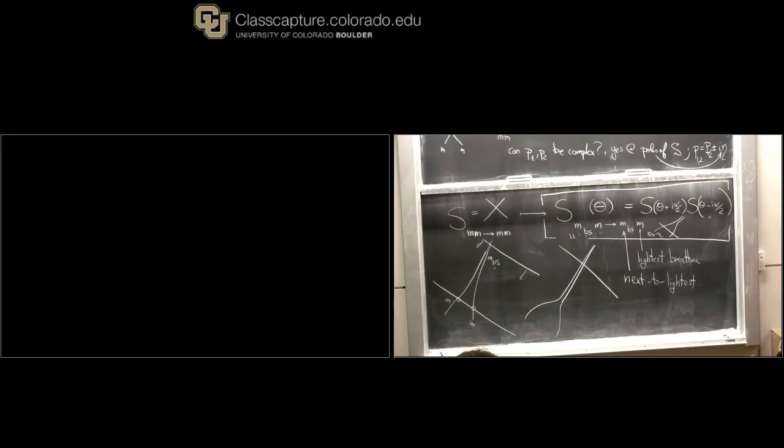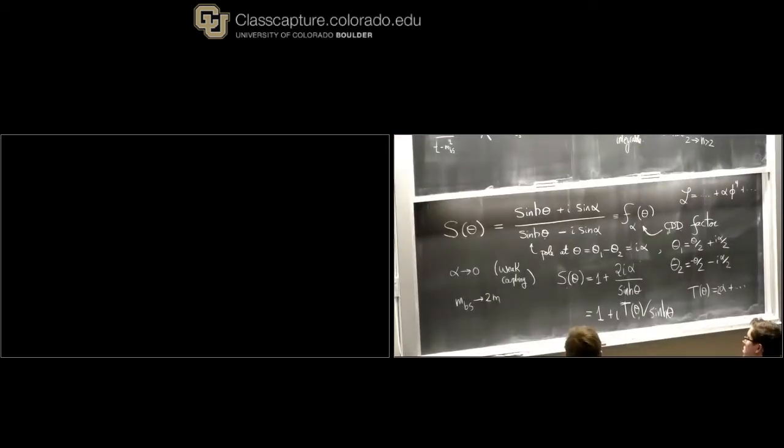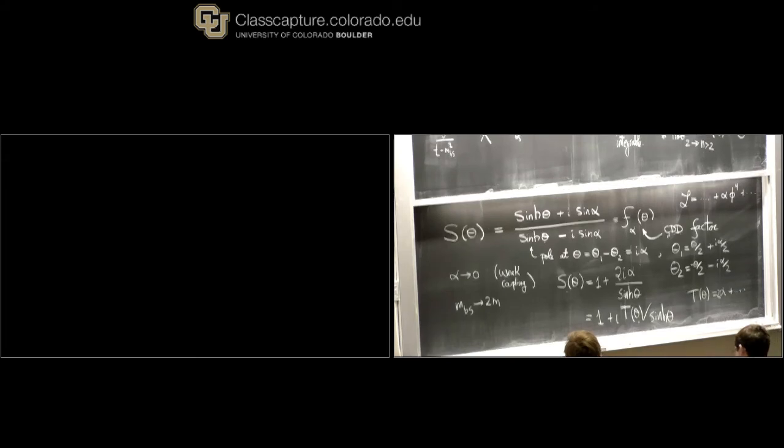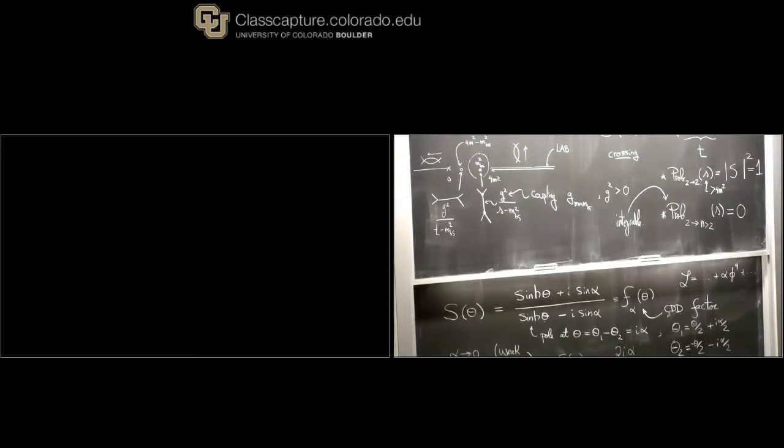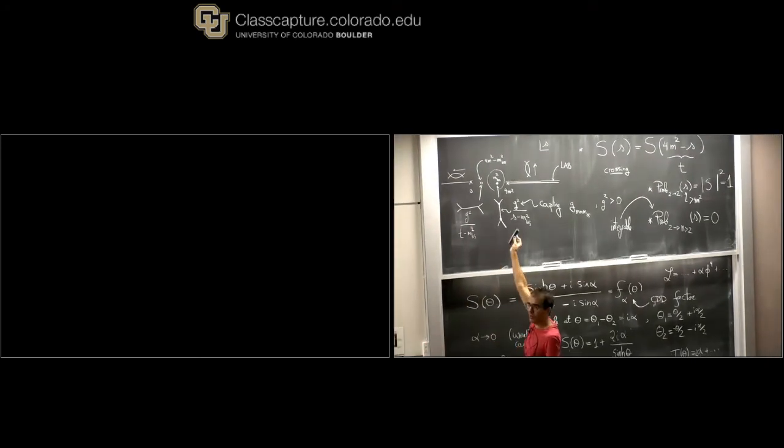Is there a way of interpreting the bound state mass going to 0? Because that would give you the same estimate. Here you go to 2m, and you remember that I told you that you know which one is which based on the sign of the residue. So here you know which one is the bound state, and the question was could I have the bound state, the T and S channel swapped, and then instead of going to 2m it would go to 0, the mass of the bound state.